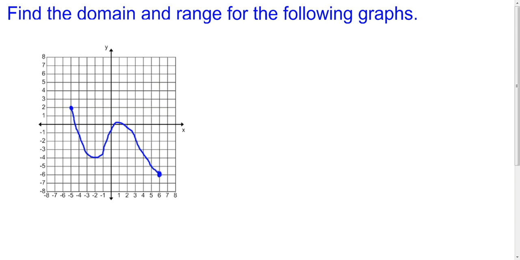If I think about drawing a vertical line and seeing where that line starts to hit the graph, it starts to hit the graph right here when your x value is at -5. Make sure you're using x values, and it continues to hit it all the way over here when your x value gets to be 6.